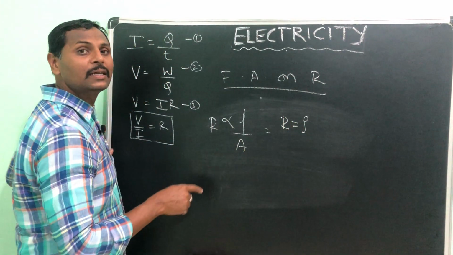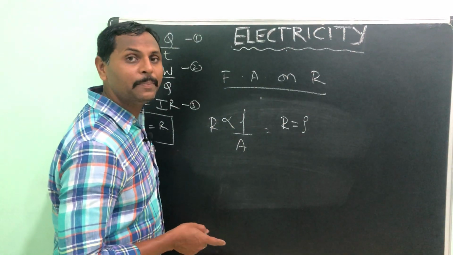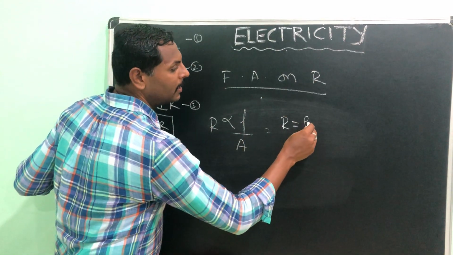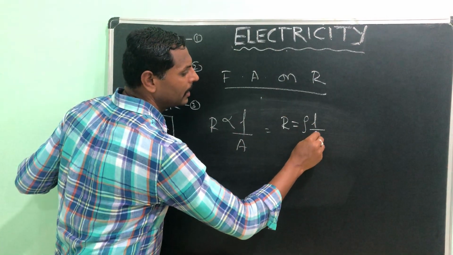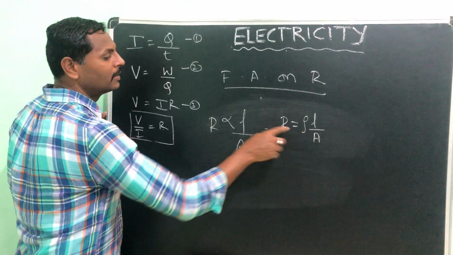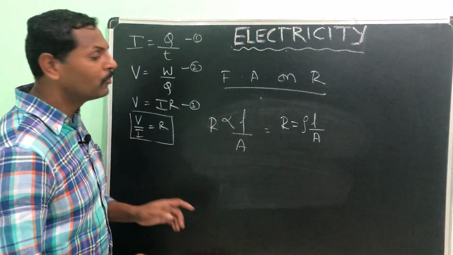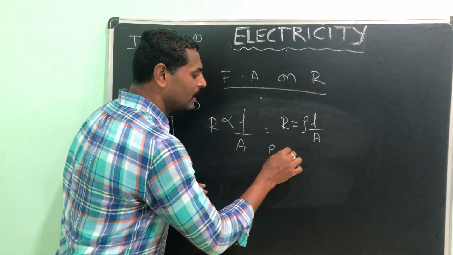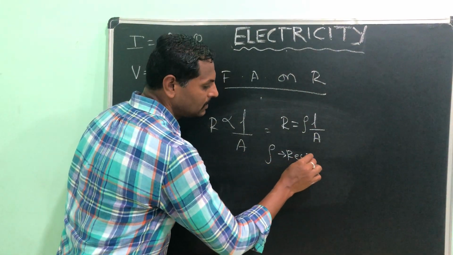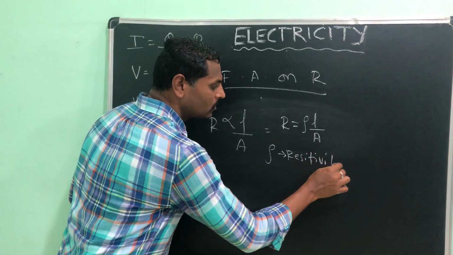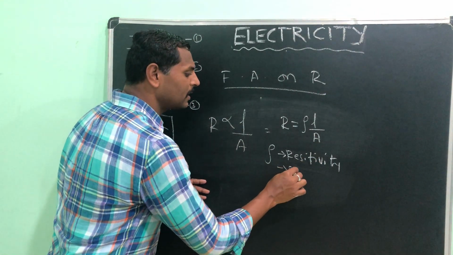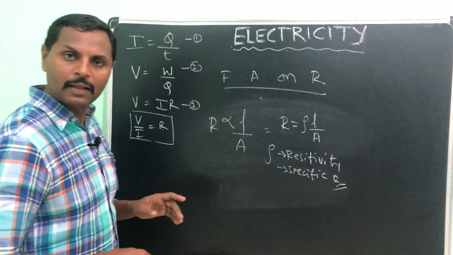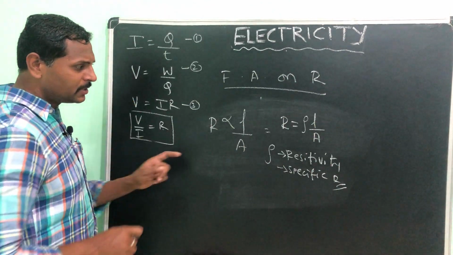Rho is the specific resistance of the material of the conductor, times length over area. The proportionality sign I have removed and taken the resistivity. What is this? This is resistivity, or you can call it specific resistance. Then what is this specific resistance?